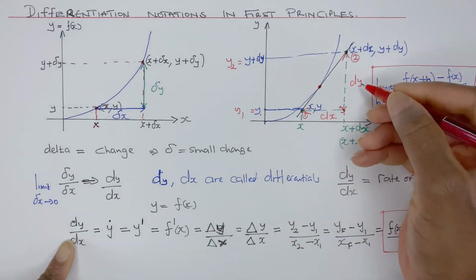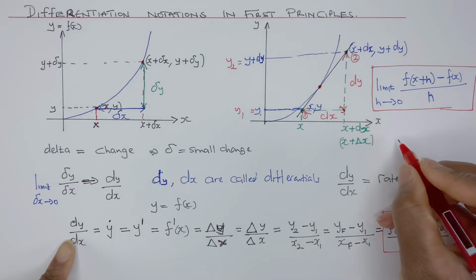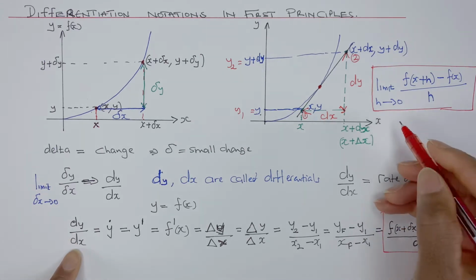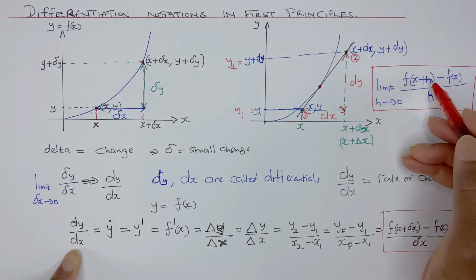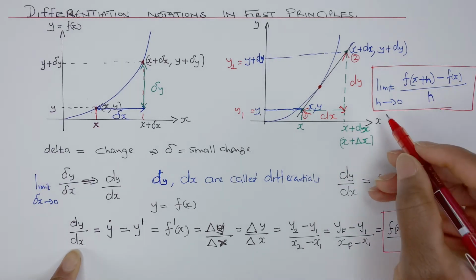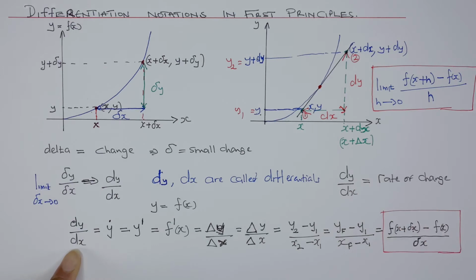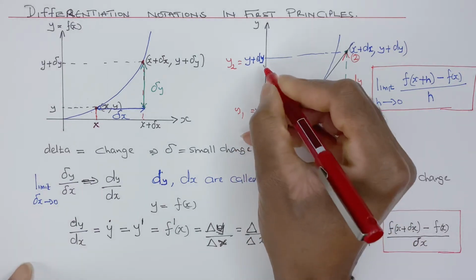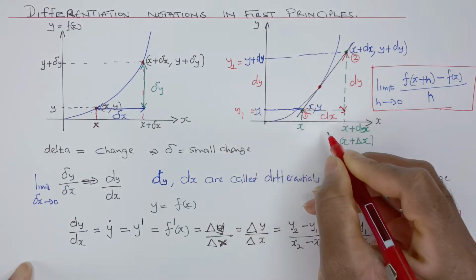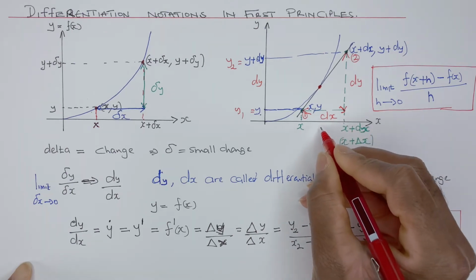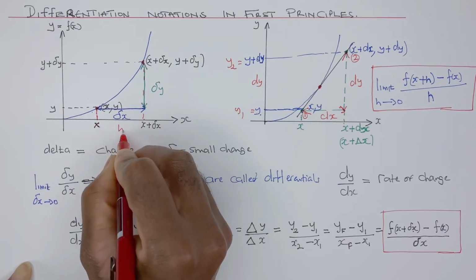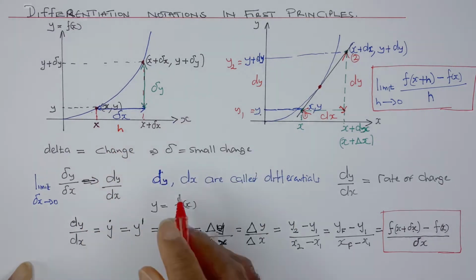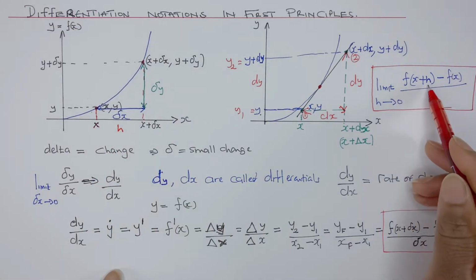So that's where that comes from. That's how you get your dy dx, with the limitation that the difference between that and that is so small. So that difference here is dy, and this is dx. Sometimes, as I said, the small difference here is called h, and that's where you can see h being used in the formula.